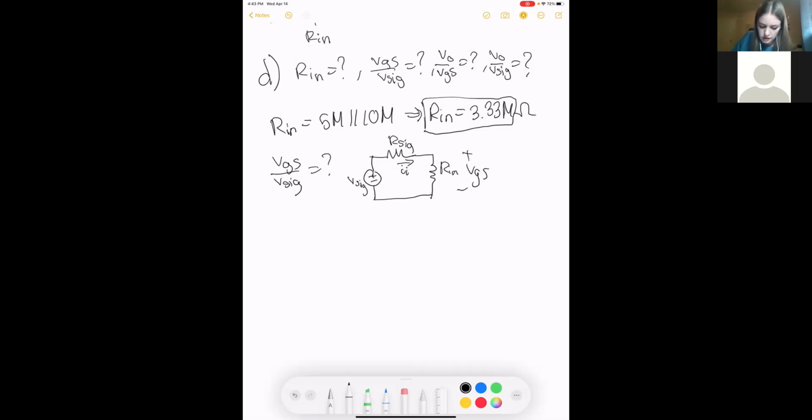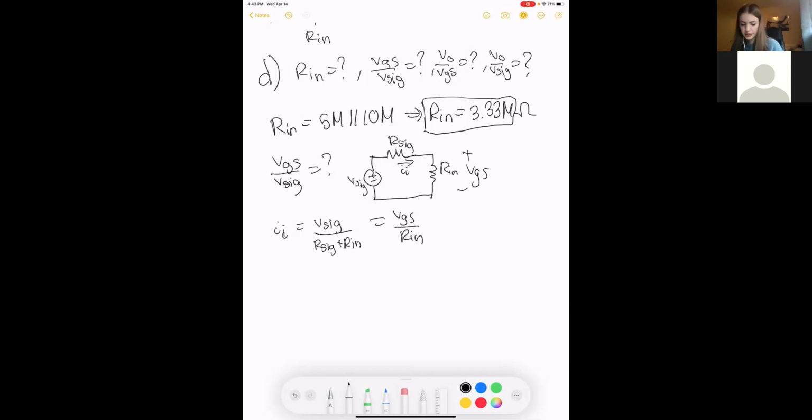We're going to get that I in is V sig over R sig plus RN. So we can also write VGS over V sig. I'll skip this step, but I think I should write it out, which means VGS is equal to I in times RN, right?